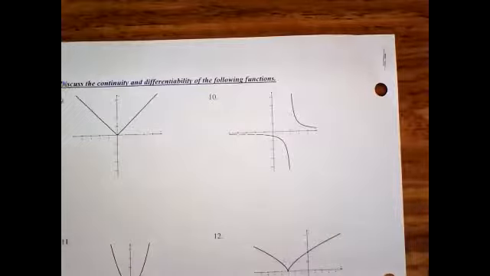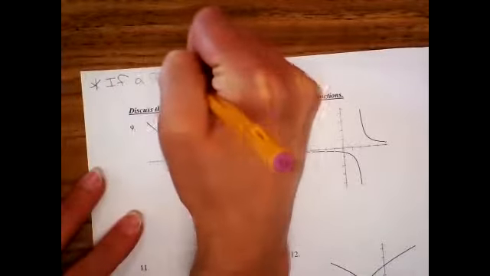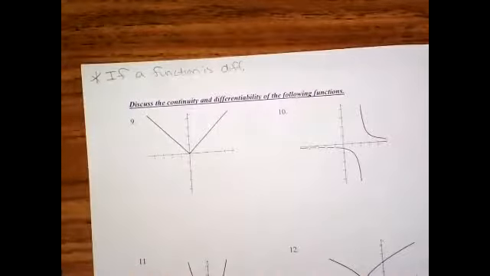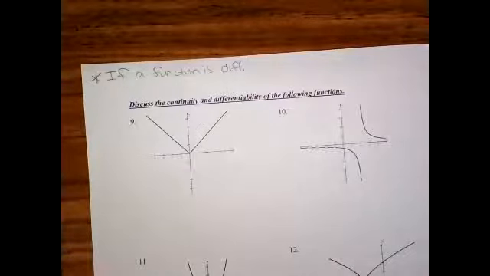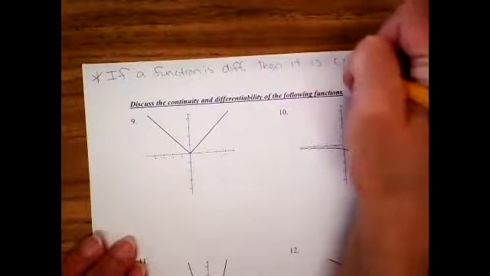And discuss the continuity. I want to write out real quick though. If a function is differentiable, and from now on I'm going to abbreviate differentiable as diff and continuous as con. Is that okay with everybody? I get that they're long words. If a function is differentiable, then it is continuous.